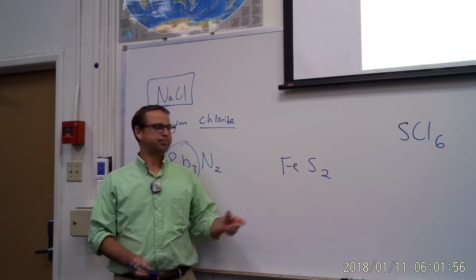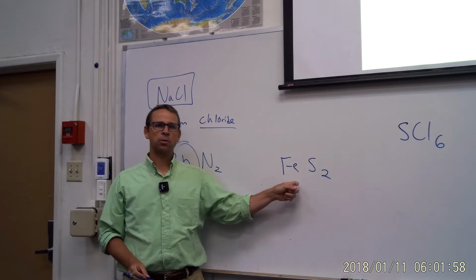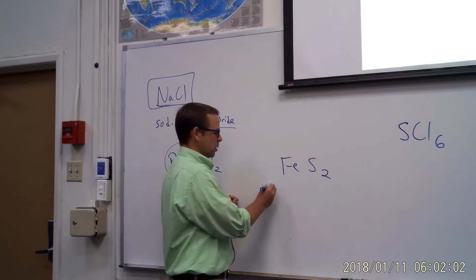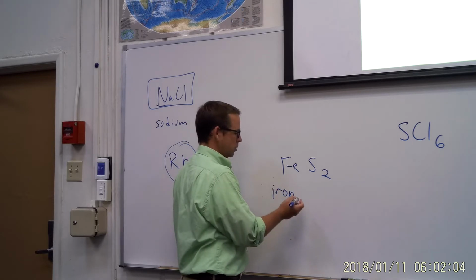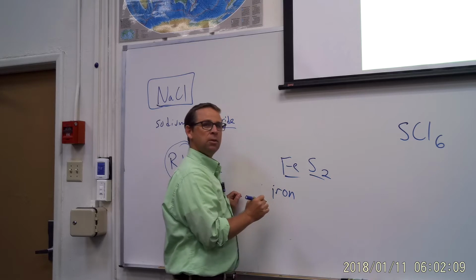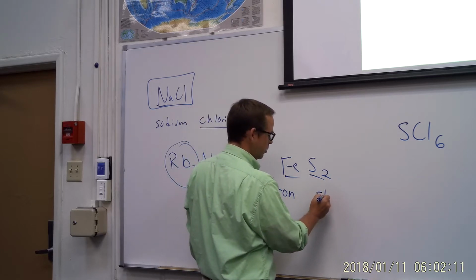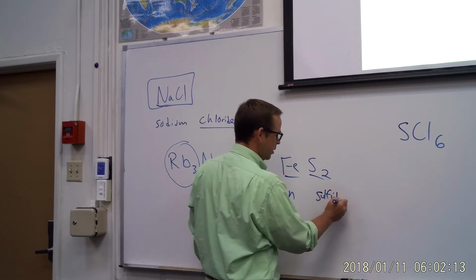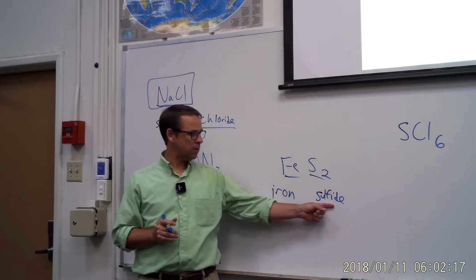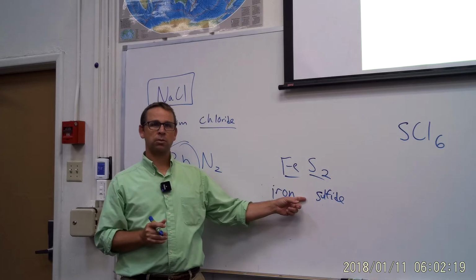What do we call this one? Iron. We're confident on that part. What would the name of the second part be? Sulfide. Whoops, sulfide, not sulfate or sulfite. And then what goes in here?